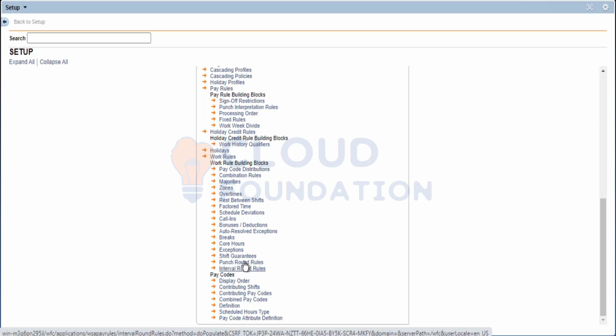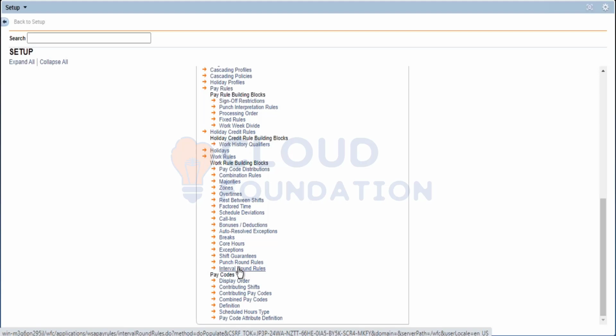So there are two things here: the punch round rule and the interval round rule. Have you worked with this before? I haven't worked with it. I don't know what the interval round rule is. Punch round rules, I think I understand. It's about people starting, say, 5 minutes late, and we still want to round it to 8.